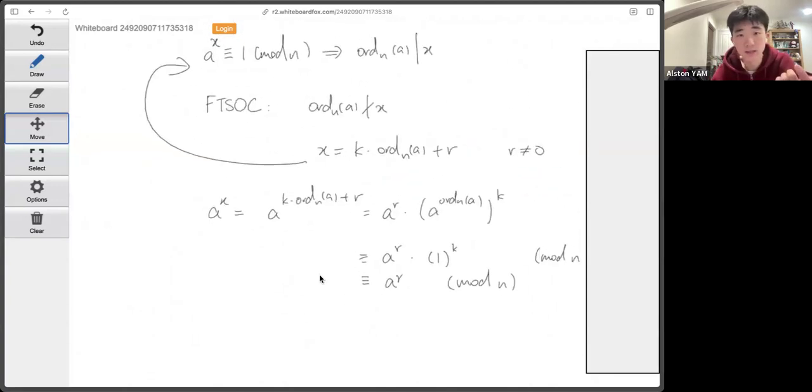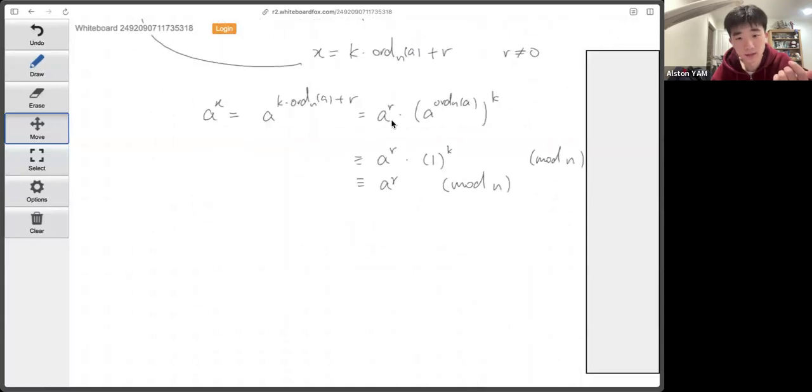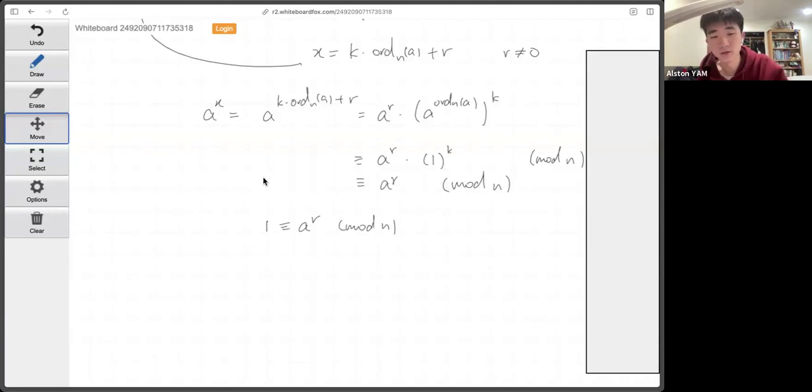It's 1, because that's the assumption that we have here. That's the condition we're given. So if 1 is congruent to A to the x under mod n, then 1 must also be congruent to A to the r under mod n.